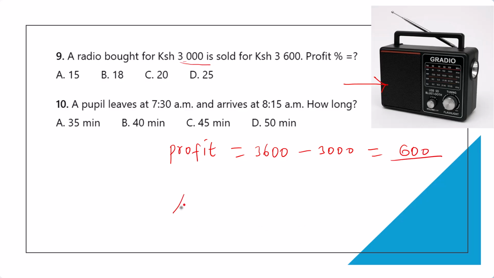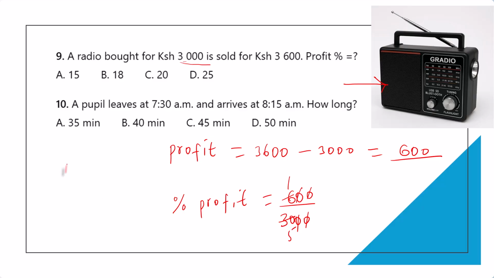If I want to work out the percentage profit, that's what the question is asking, then I get the profit, which is 600, all over the amount of money you spent on it. Then I simplify this, then I change it to a percentage. When you simplify this, these zeros can cancel, and these zeros can cancel. Or you divide by 100. Then this 6 goes 1 time, and this goes 5 times.